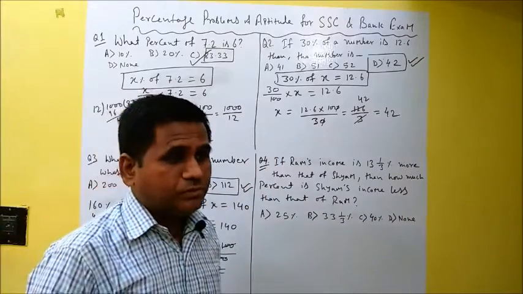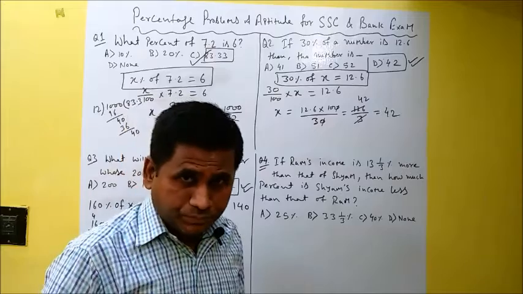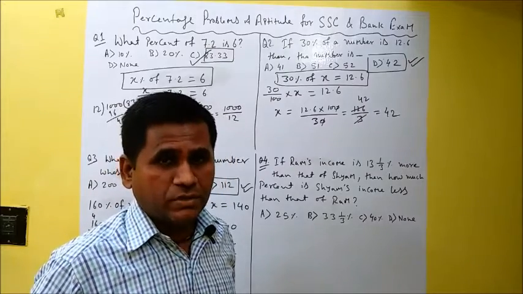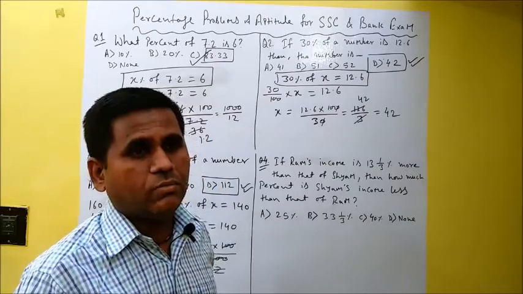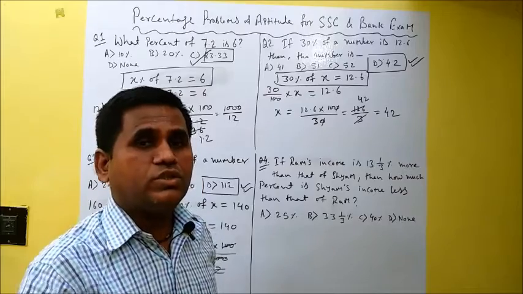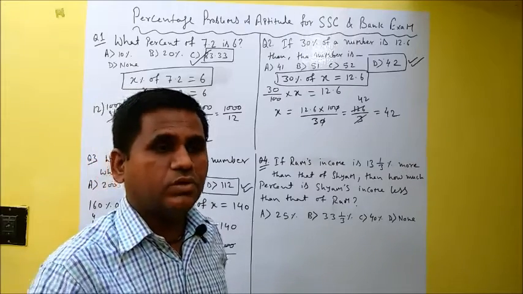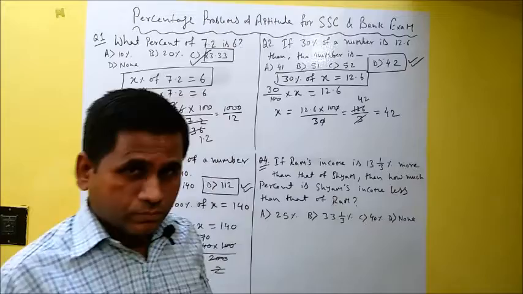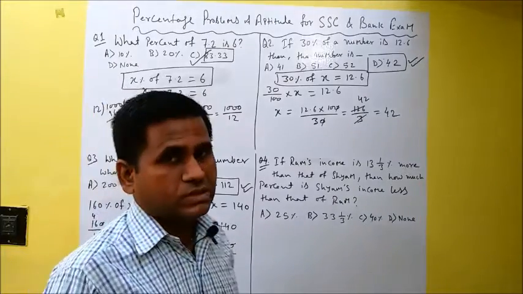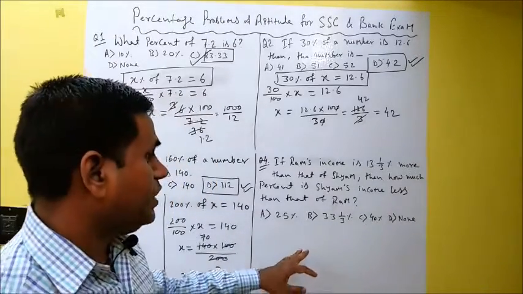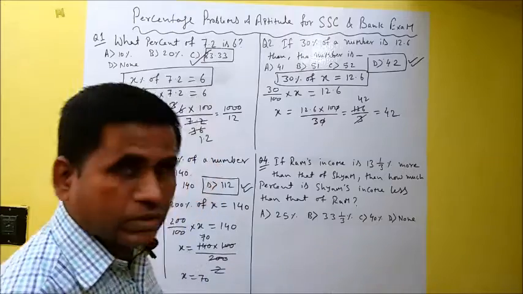Suppose I say my income is 10 rupees more than your income, so how much is your income less than me? You can say 10 only, right? So in rupee form it might be correct, but here in percentage form it is not correct.